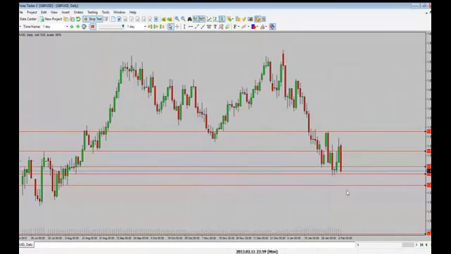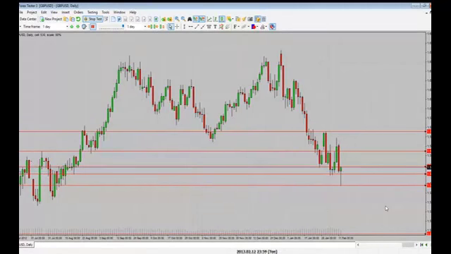I'm looking for a bit of a pullback and then still looking for price to drop into this next support and resistance level. So let's see if we get that. There we go. It dropped into the next support and resistance level that we were watching. And now we have a bullish pin bar, large pin to the downside, bullish candle close. Where do we expect the price to go from here?